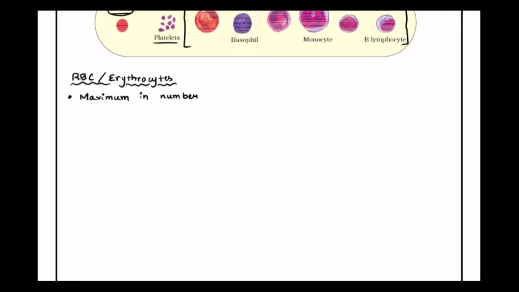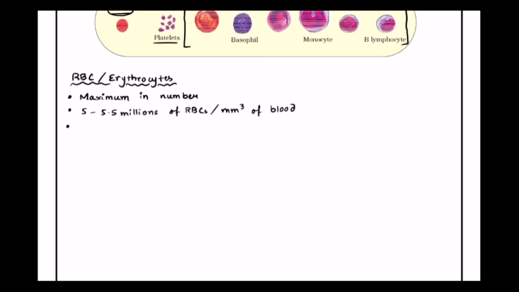And if we speak about a healthy individual, then in every millimeter cube of blood, a healthy individual should have 5 to 5.5 millions of RBC. That is in every millimeter cube of blood.